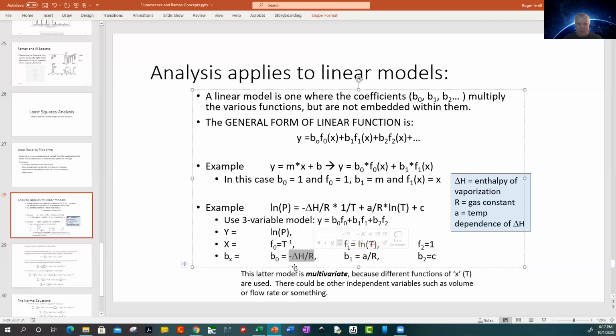Delta H is the enthalpy of vaporization. B1 will be A over R, because that B1 comes from the model. And C also comes from the model, right?